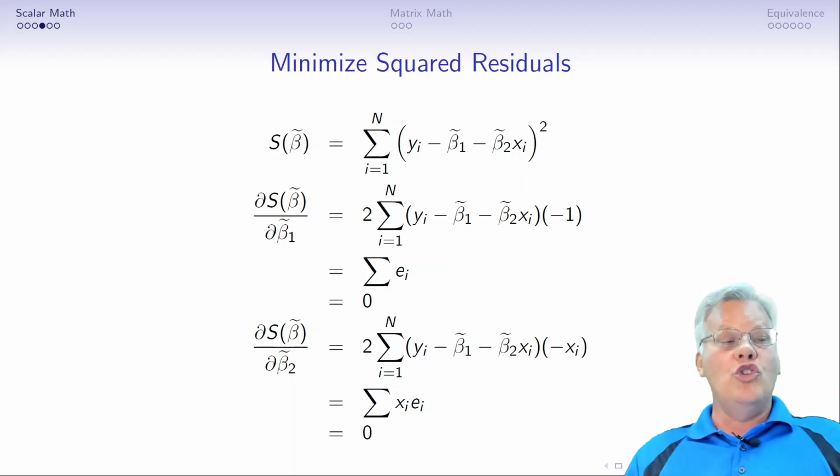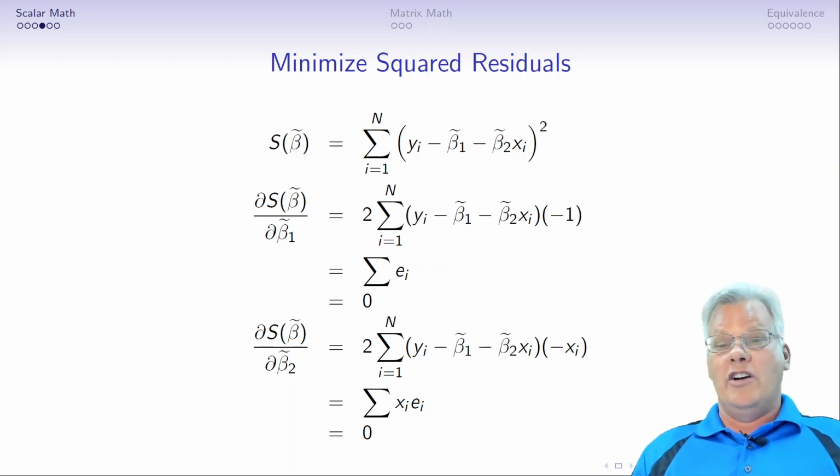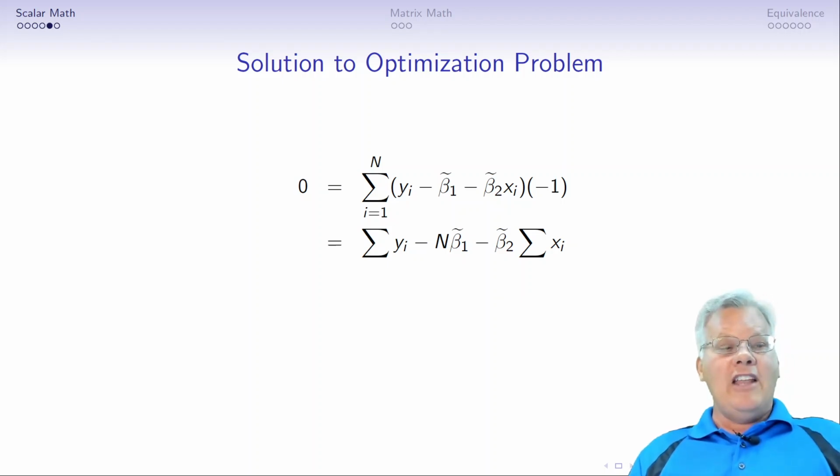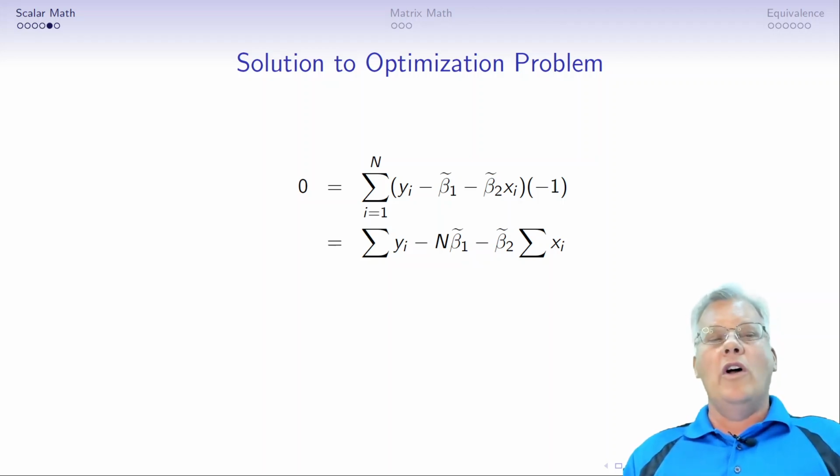They're true by construction, by the definition of how we define the ordinary least squares estimators. If I take the two OLS normal equations and manipulate them, I can solve for the OLS slope and the OLS intercept.